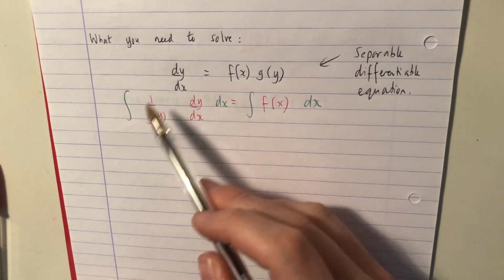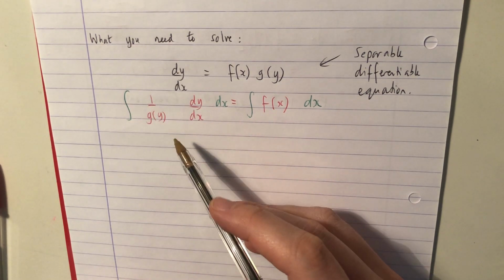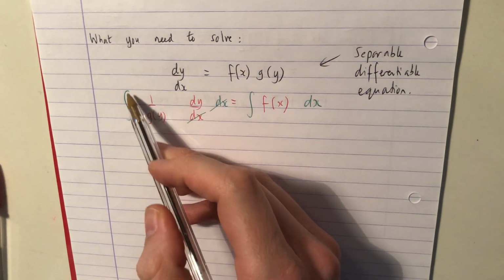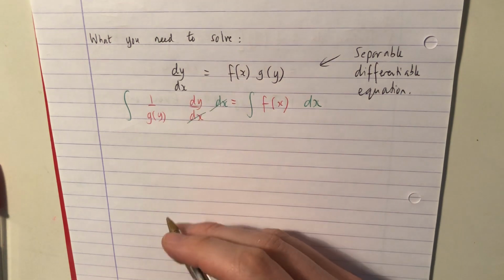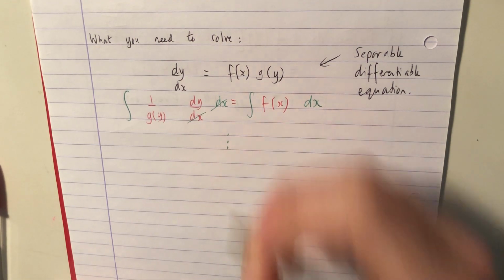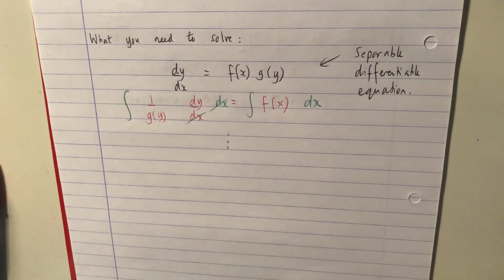How can you integrate that with respect to x if it's all y's in there? And it's because they cancel. And you're just left with integrating something with respect to y. This is the key step. You separate the variables and then you integrate. And that's pretty much it. So then you do the dot dot dot, and that'll be it.